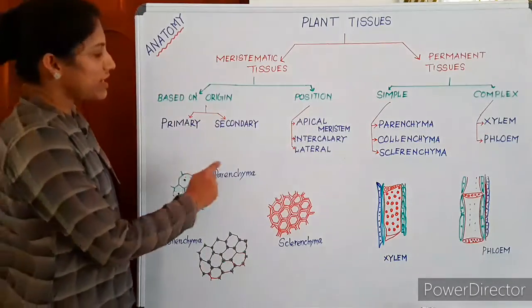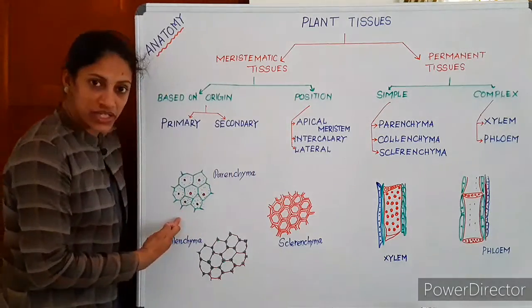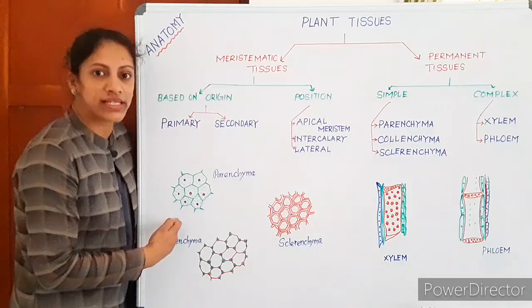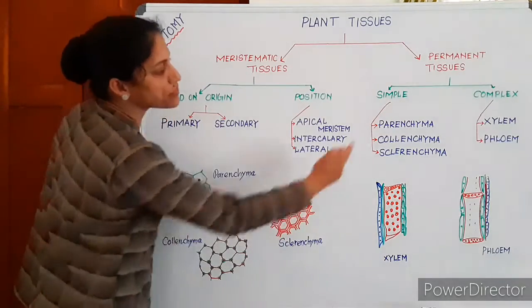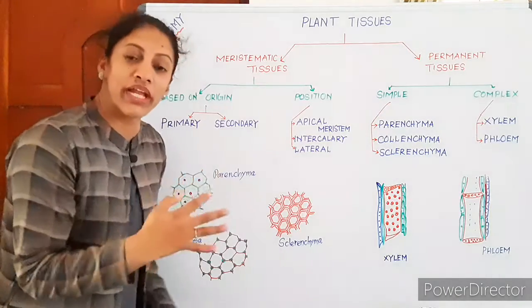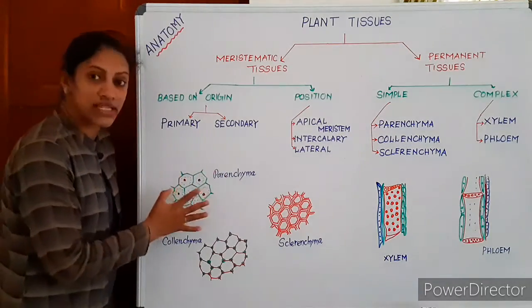Then come to this figure. Parenchyma is a plant tissue composed of living cells. Among these three types of tissues, only the parenchyma is made up of fully living cells. The cell has a definite nucleus and cytoplasm.